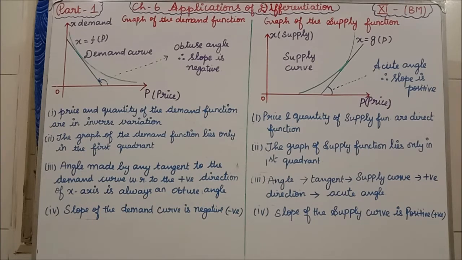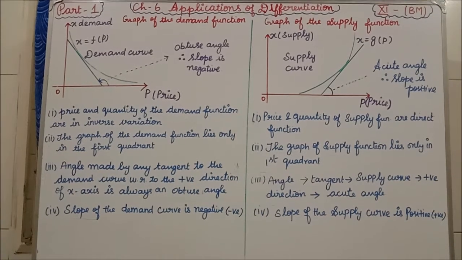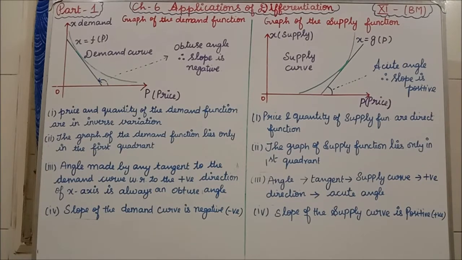So this chapter will give you the idea about starting the business. After starting the business, how to make the order, how to make the supply, everything we will learn in this application of differentiation chapter. Clear, students? Now shall we enter into the topic?